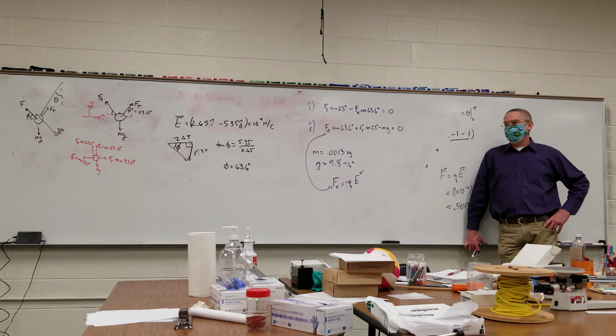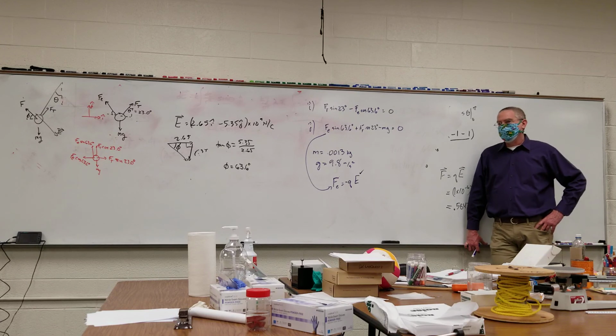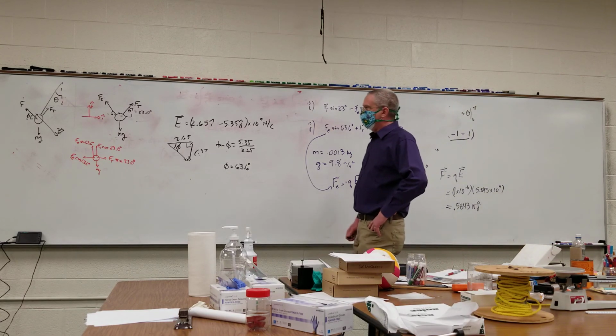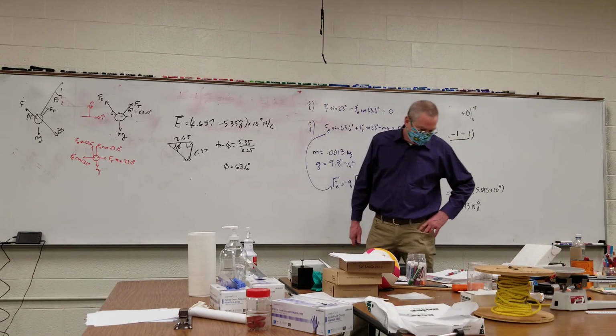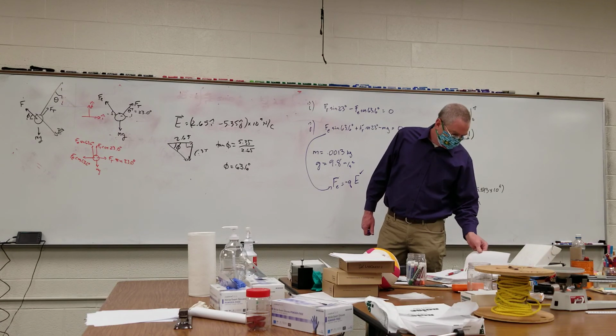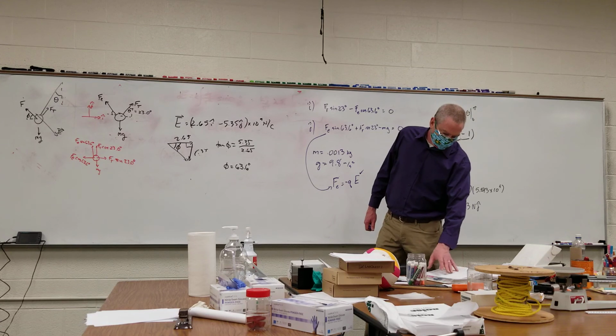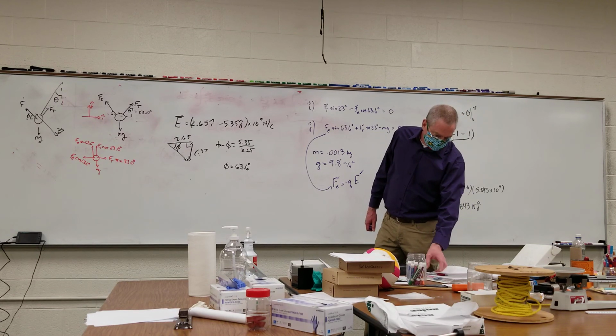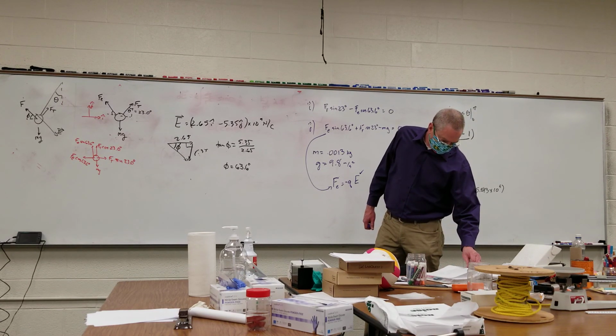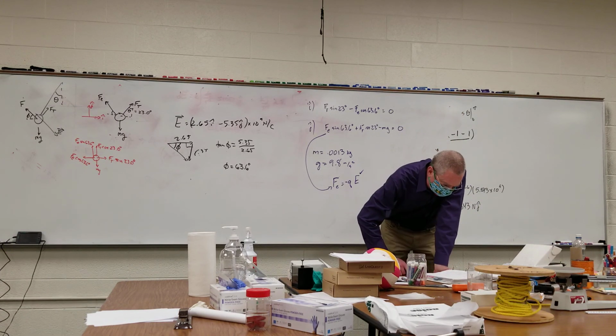The main thing that I'm confused about is, I think on the solutions that you had online, it didn't find the angle for the force from the electric field there. It just plugged in the i hat and j hat magnitudes of it. Yeah. See, that was 53.